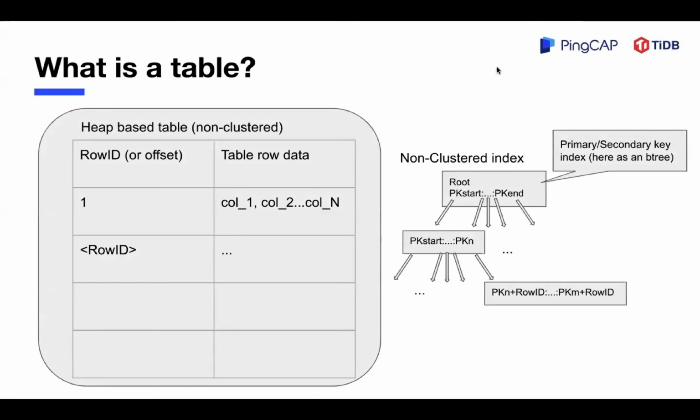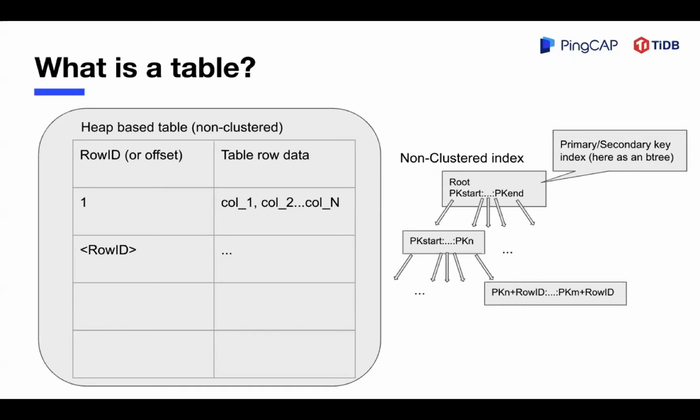So first, just a bit about what a table is. It's just a structured file, more or less, with the data in it. And the simplest way is just to have a heap-based table or a non-clustered table, where you more or less generate a row ID, or in some databases you have an offset instead.